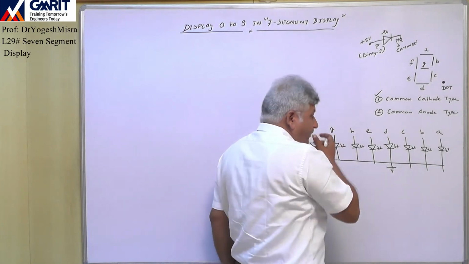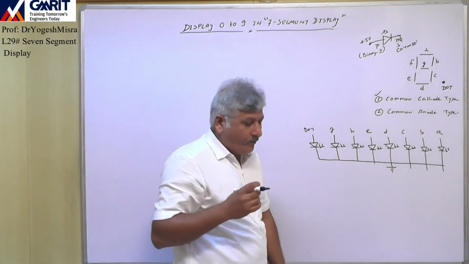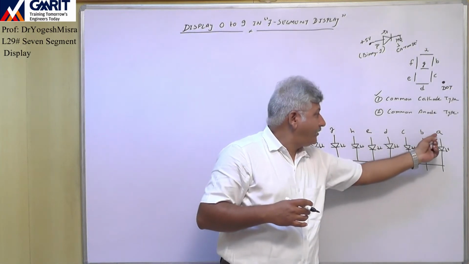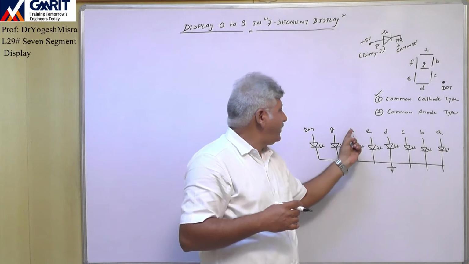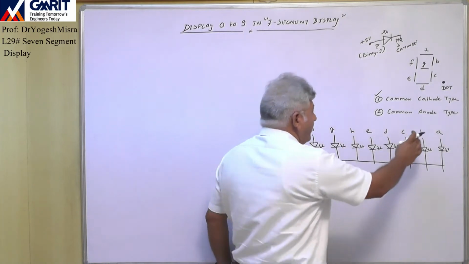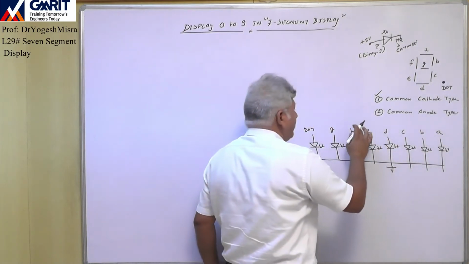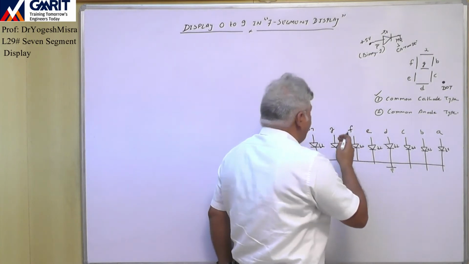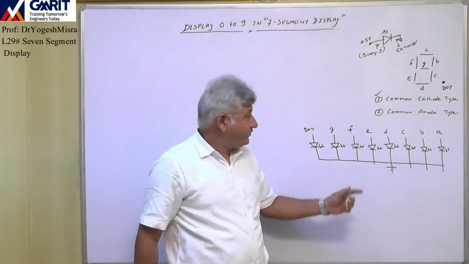So now first we will find out what values are required over these A, B, C, D, E, F, G terminals.